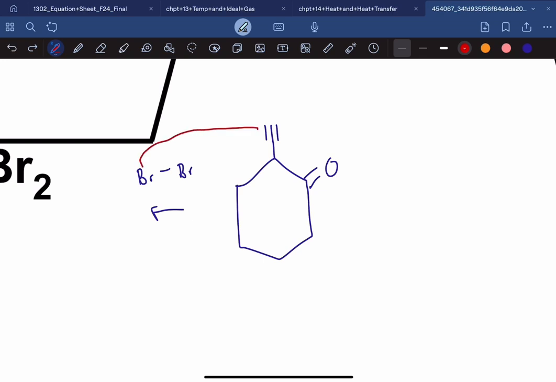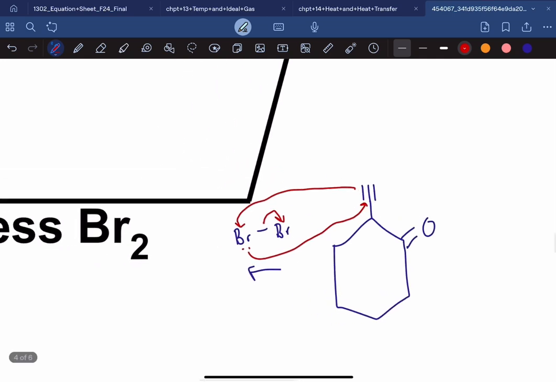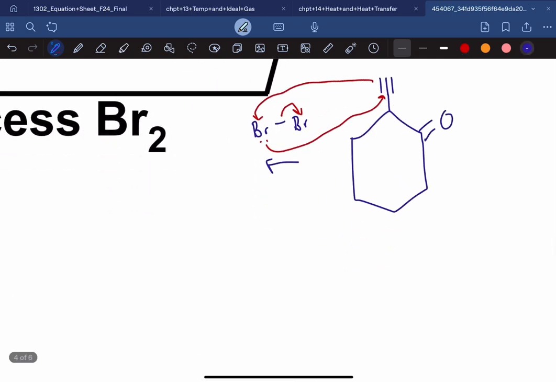So this will go here, right? And this lone pair is going to come here. And then this is going to break this way. So that'll add 1 bromine, like this. Sorry, I don't know how that tripped me up so bad. Right? And so then we'll have this structure as an alkene, right? So this will be an alkene with a Br, like this.